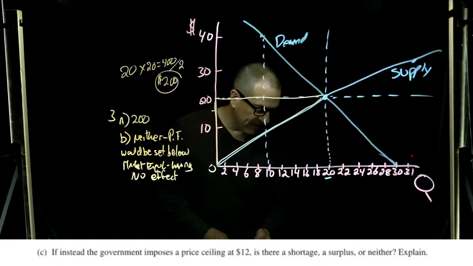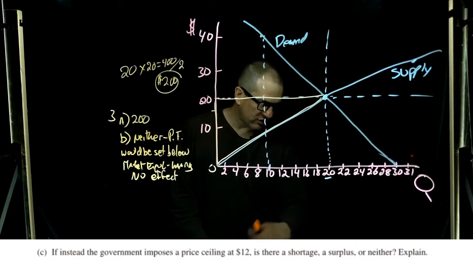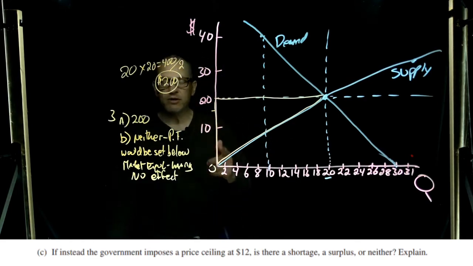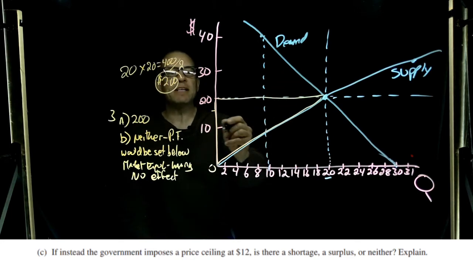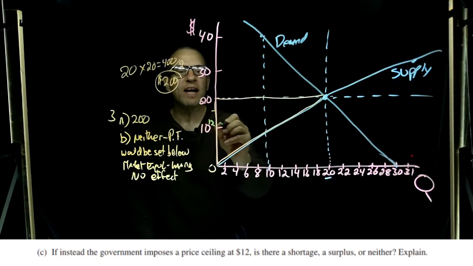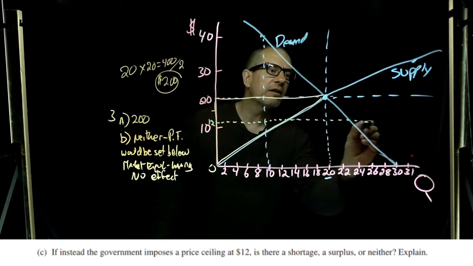C says, if instead the government imposes a price ceiling at $12, is there a shortage, a surplus, or neither? Explain. They want to make sure that you know where the price ceiling would be set. To be an effective price ceiling, it would need to be below equilibrium, and at $12, the price ceiling would be right around here, right?